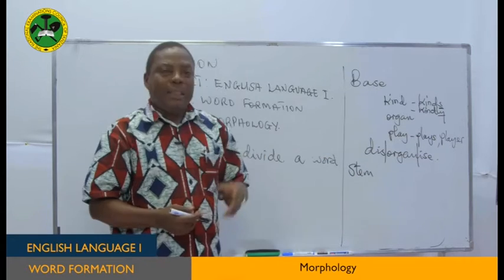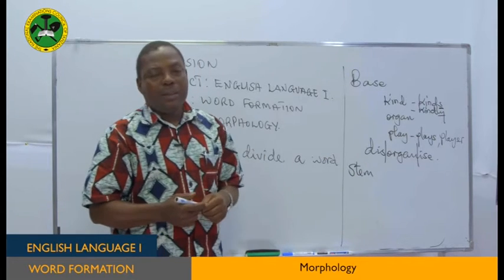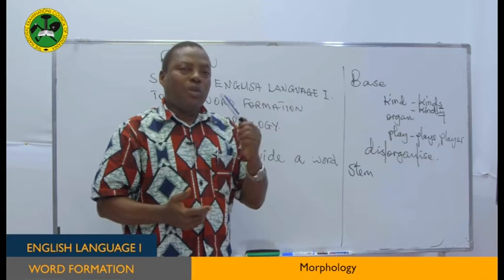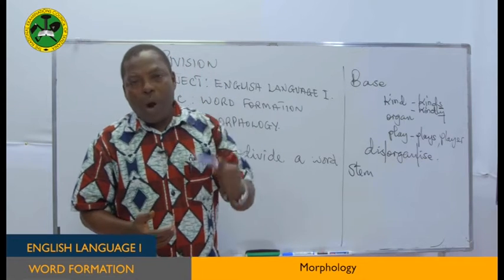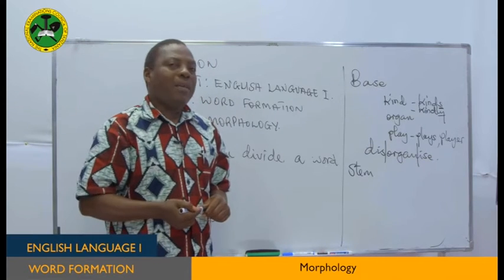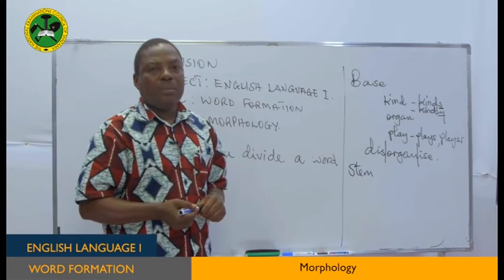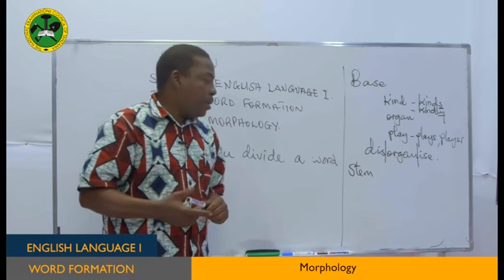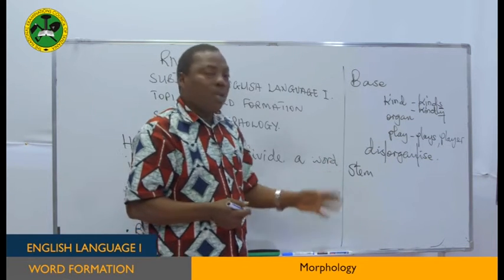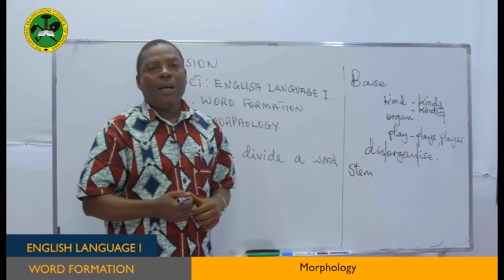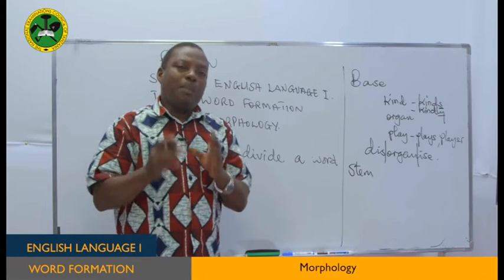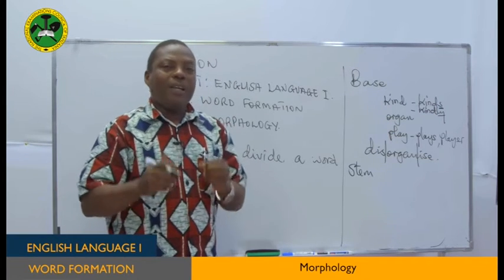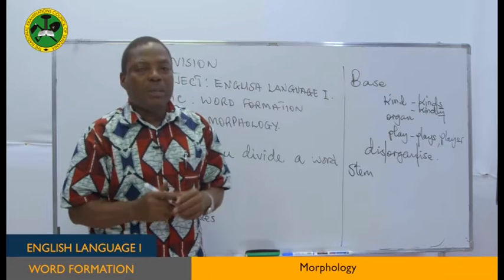It says that a stem is a word that receives only one attachment, which is inflection. I repeat, a stem is a word that has a possibility of receiving inflectional attachment only.